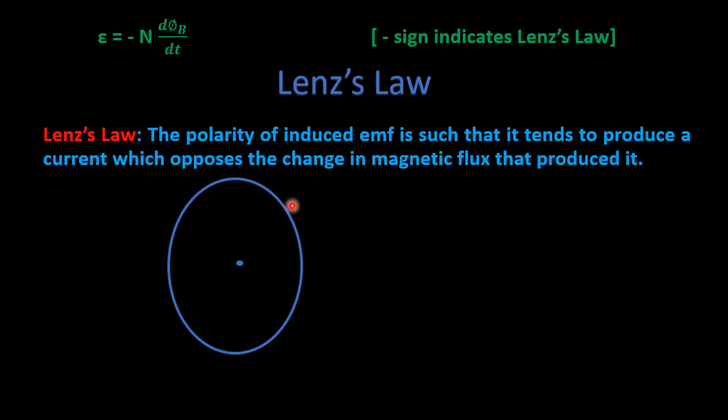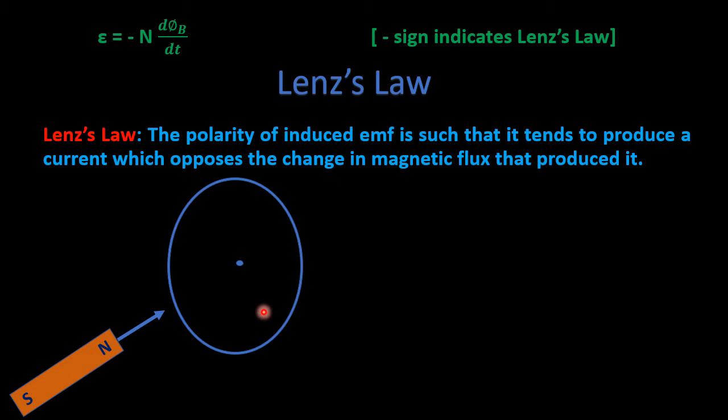Here we consider a circular loop and a bar magnet in which the north pole of the magnet is approaching towards the coil. So when the north pole of a bar magnet is being pushed towards the coil, the magnetic flux through the coil increases. Hence, current is induced in the coil in such a direction that it opposes the increase in flux.